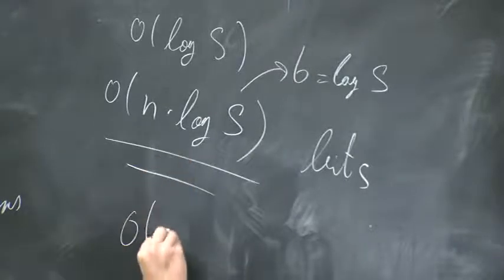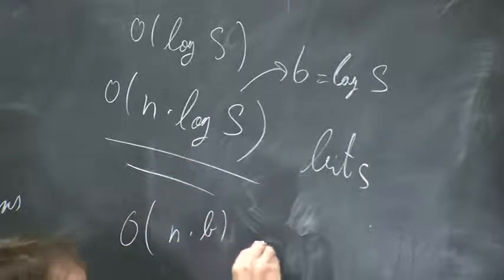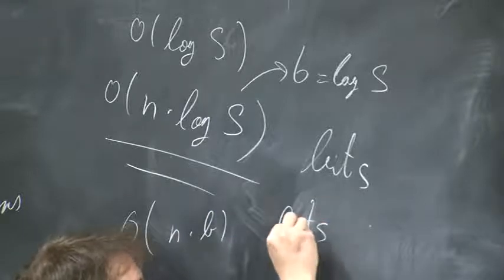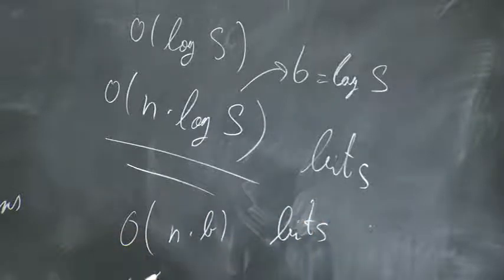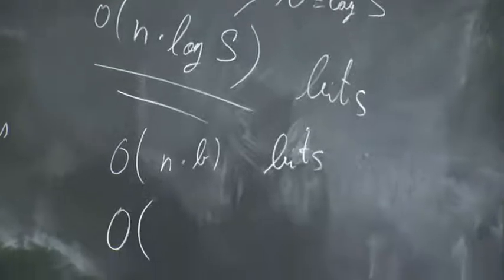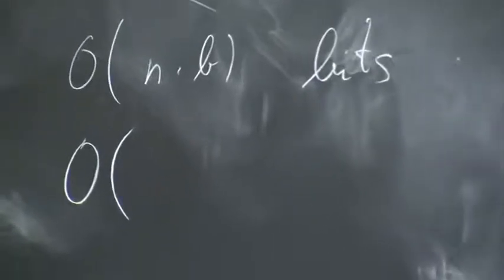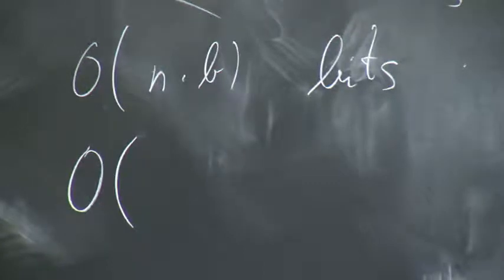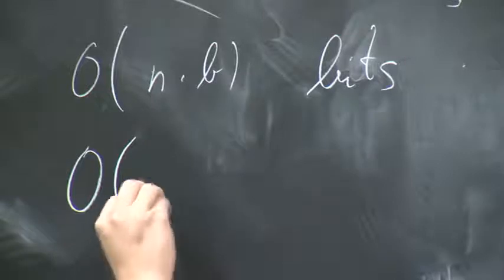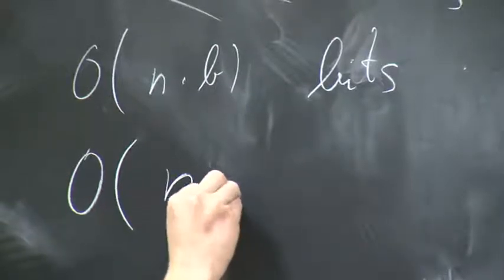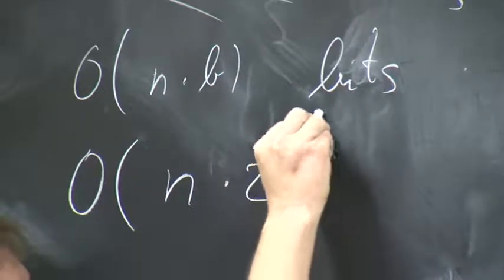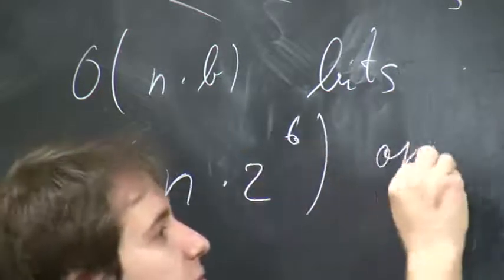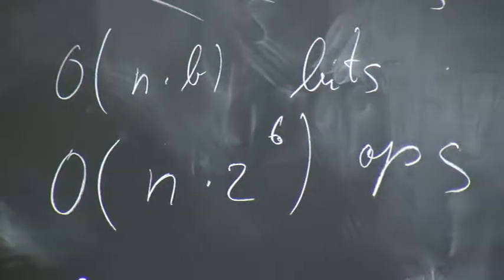Yep, n times log s equals n times b. So this is the input size. Now what is the running time? Number of operations? It's n times 2 to the b. Yep, n times s, and s is 2 to the b. So this is the problem.